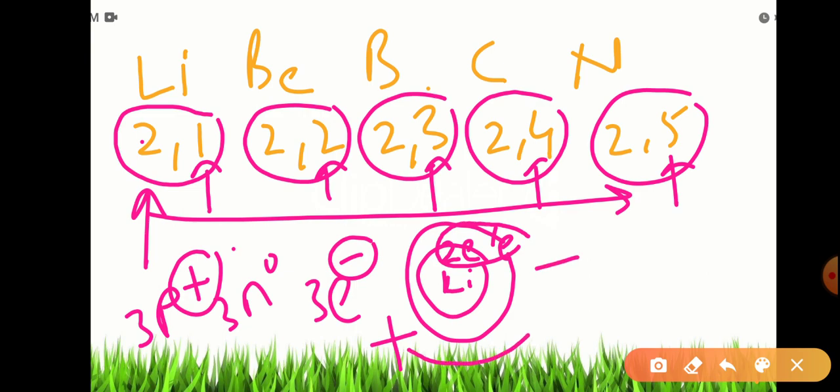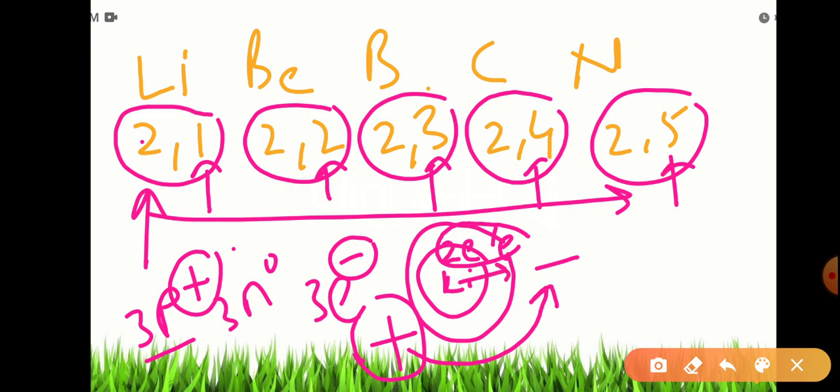This positive charge from the nucleus attracts the negative electrons towards the nucleus and binds them with its force, which is called the nuclear force of attraction. That nuclear force of attraction holds the electrons in their orbits. And in the case of lithium this nuclear force of attraction is 3 plus. Now the distance which applies is this much.